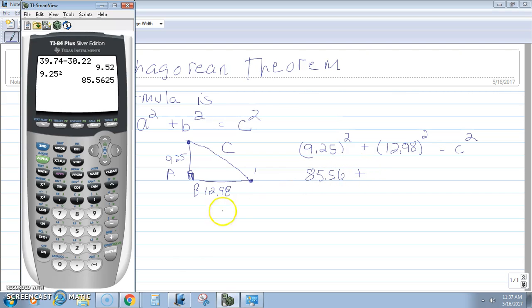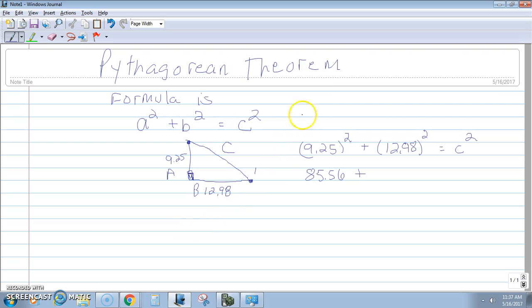Plus 12.98 squared. I know 13 squared is 169, so it's going to be close to that. 168.48 approximately.